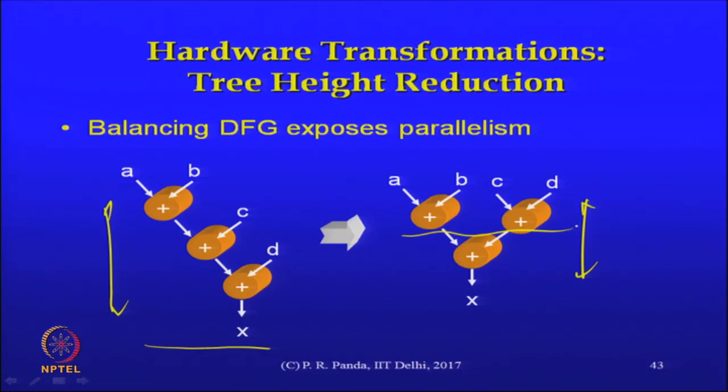You take each of the nodes and some rotation has to be performed. Essentially, something like this got transformed to something like this, right, and that caused a reduction in the overall height. So, we will not go into the algorithm for doing so, but just pointing out that such a possibility exists and it may improve the results of synthesis.